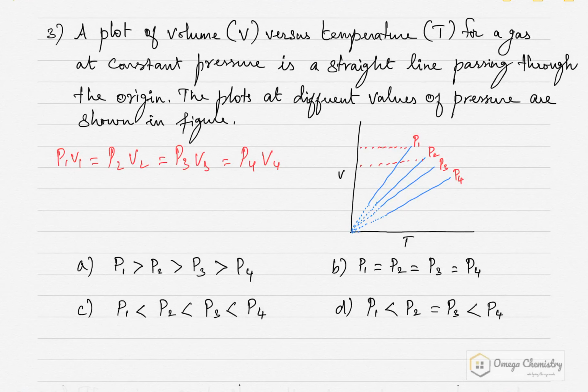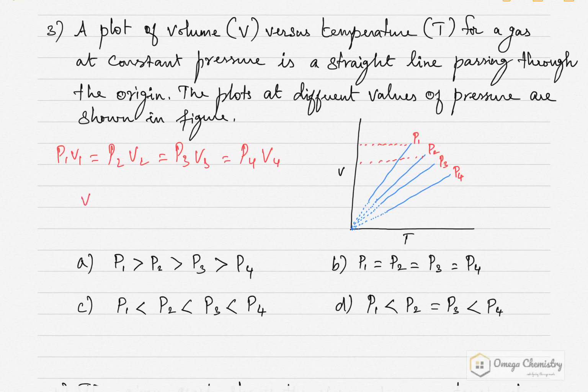So I can write V1 must be greater than V2, which is greater than V3, which is greater than V4, right? In that case, P1 must be lesser than P2, which is lesser than P3, which is lesser than P4, which means option C is the right answer.